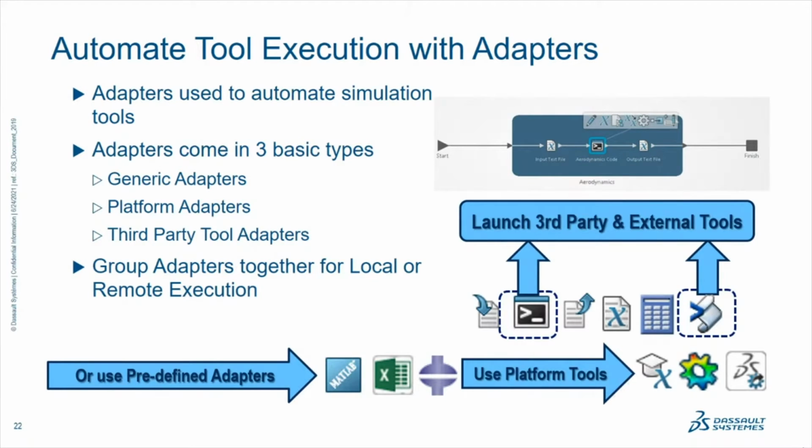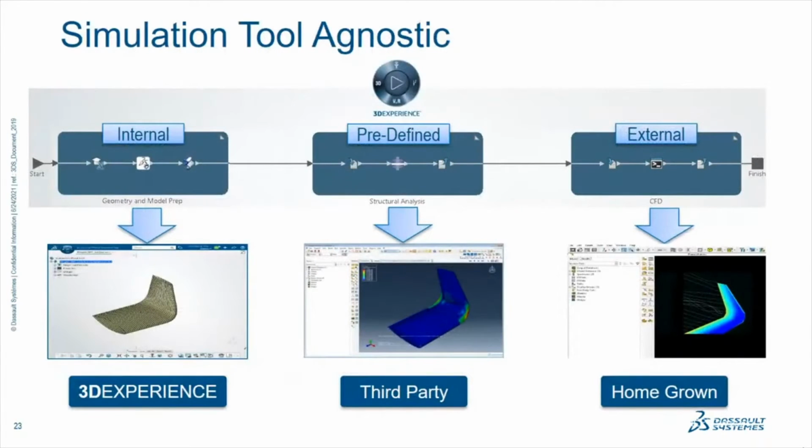Abacus doesn't exist on the platform, but we have an adapter that allows you to work directly with that. These adapters in your simulation workflow can be grouped together, and you can set it up for either local execution on your own machine or remote execution, making use of whatever compute resources are available to you.